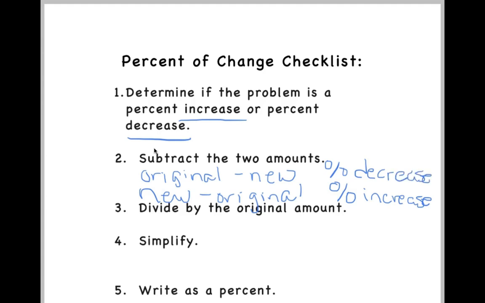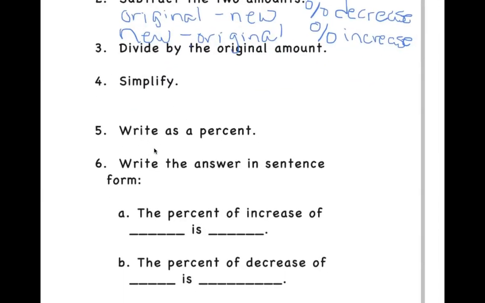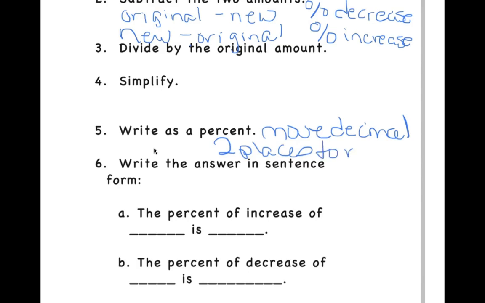Divide by the original amount, and then simplify. After you simplify, you write it as a percent, which is where you move the decimal two places to the right. Then you can write your answer in sentence form: the percent of increase of blank is blank.